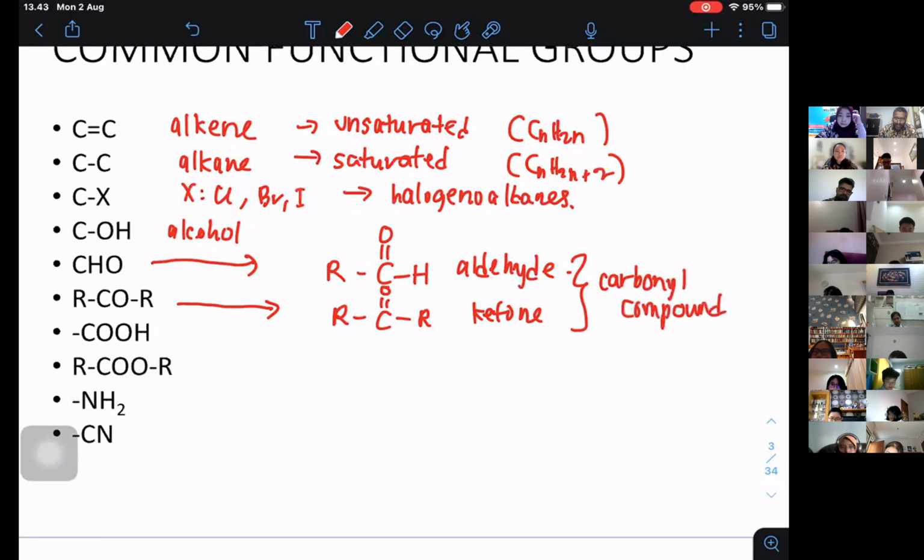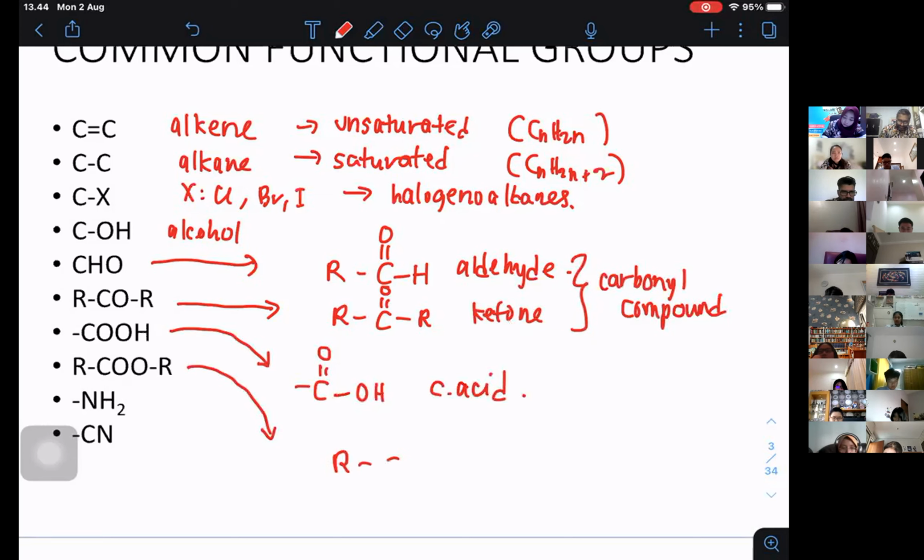You have learned this in AS also, the reactions of carbonyl and so on. Now, you have C double bond OOH. This is going to be carboxylic acid. This one is R, C double bond O, and another R. This is going to be ester. This one is amine, and this is nitrile.